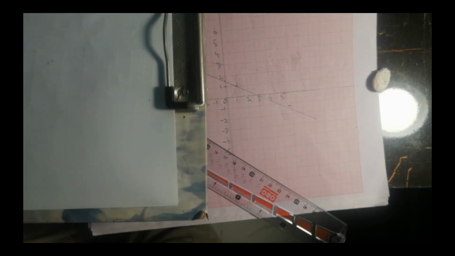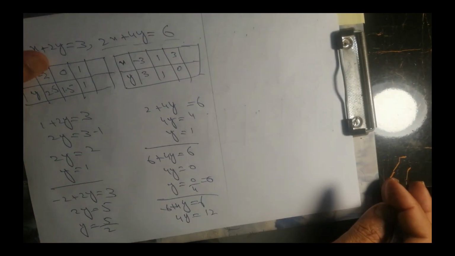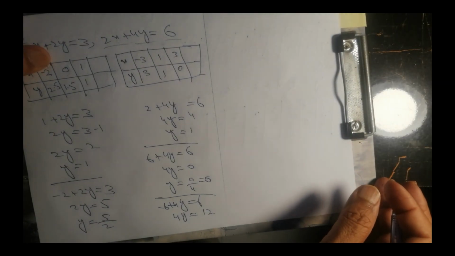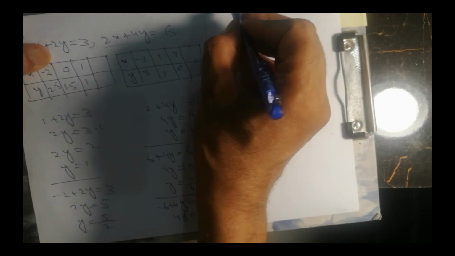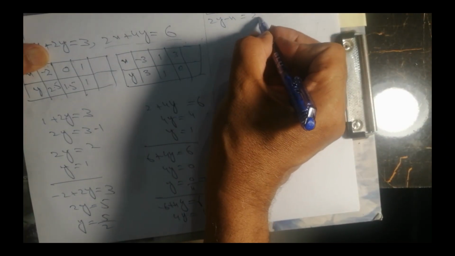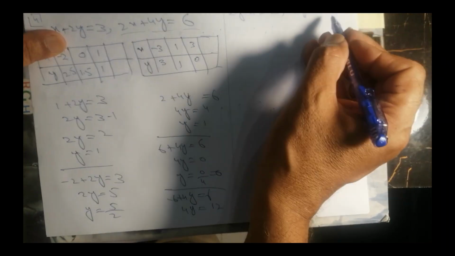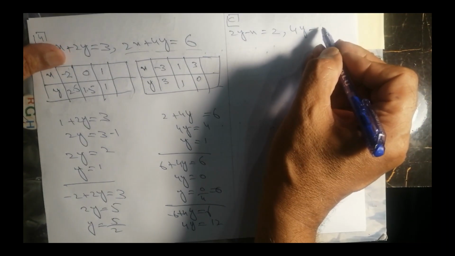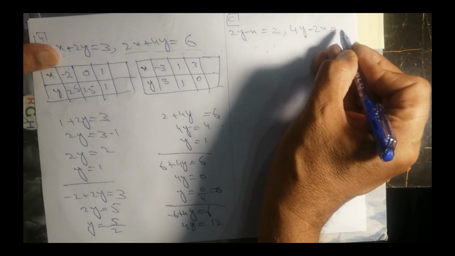So this is the one case, and let's solve one other question. Part C: 2y minus x equal to 2, and 4y minus 2x equal to 4.